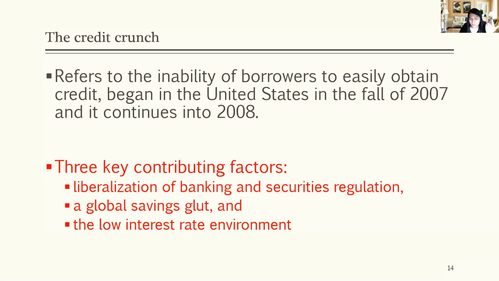And second, there was an increase in liquidity, right? As Asian countries, for example, China or Japan, became richer, or India became richer, and they started to accumulate wealth. Okay. And finally, the interest rates at that time were quite low. Okay.